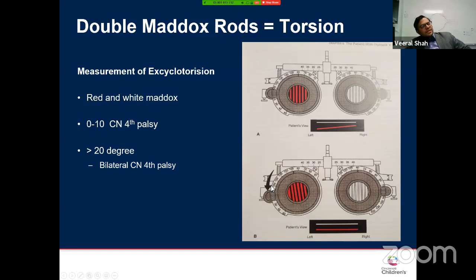And usually when you have a single fourth nerve palsy, you have anywhere from 0 to 10 degrees. Usually it's greater than 5 degrees of torsion. When you have bilateral fourth nerve palsies, it can be greater than 20 degrees of torsion, and you can do that separately for each eye, adding up each eye.